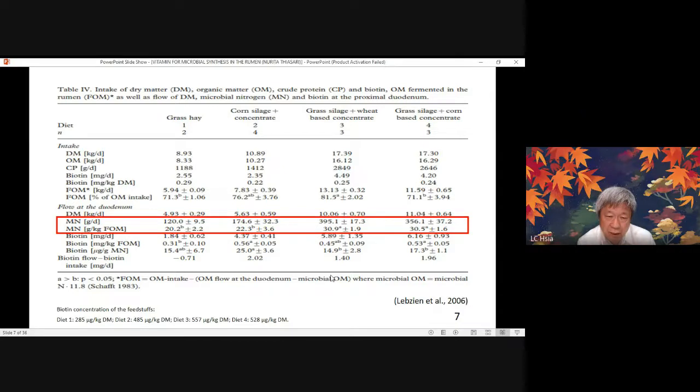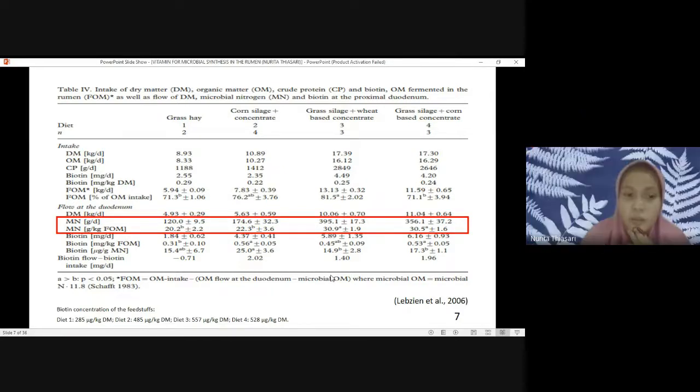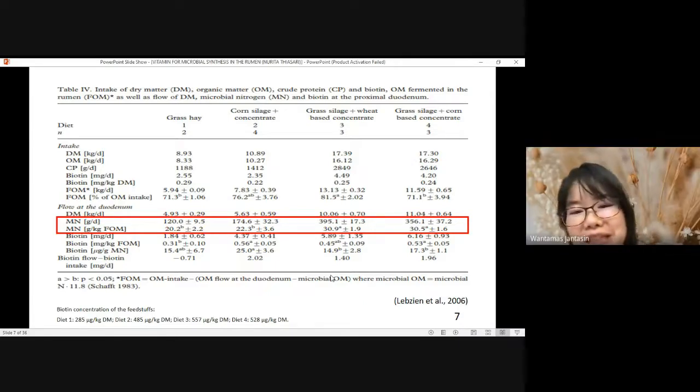Nurita, can you understand? Like the correlation, the addition of the biotin with the microbial nitrogen, right? Sorry, Nurita, because I am normally familiar with monogastric animals, when you mention nitrogen, we will look at the CP level first, right?